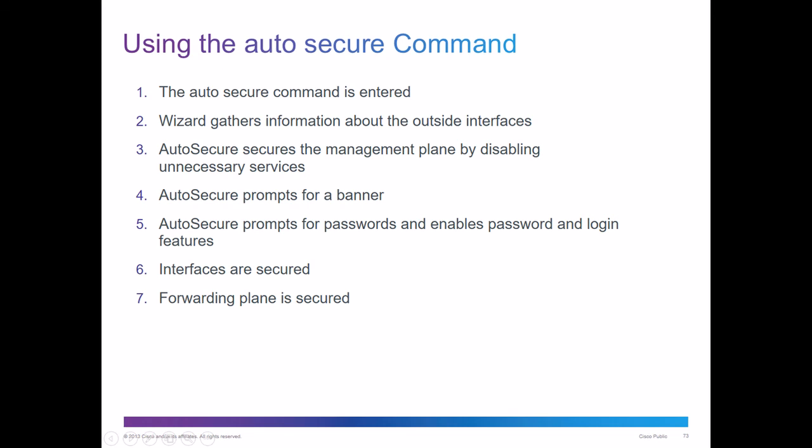That's one of the first things you probably do if you're not sure what the default utilities are. But remember, there are people out there who know, and they might want to use these default utilities or commands to really penetrate your network. So you want to disable them. Auto secure will take care of that for you. Then you're going to have to enable any utility that you need by yourself.